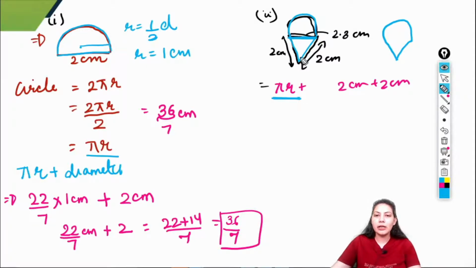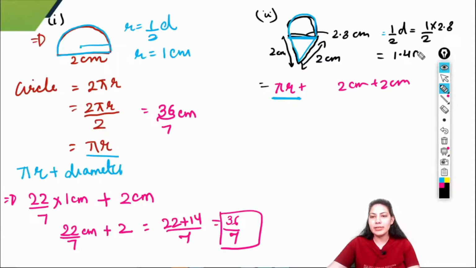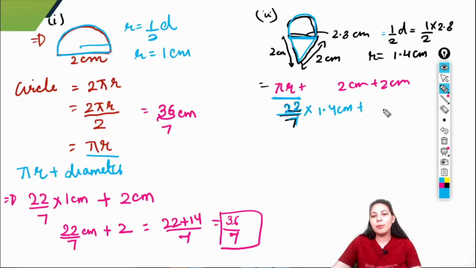And here is the difference. So what we have to do here is pi r plus this distance, and the radius is half of the diameter, that is half of 2.8, that is 1.4 centimeters equals the radius. So 22 by 7 into the radius 1.4 centimeter plus 2 centimeter plus 2 centimeter.